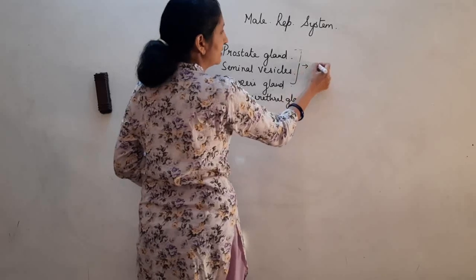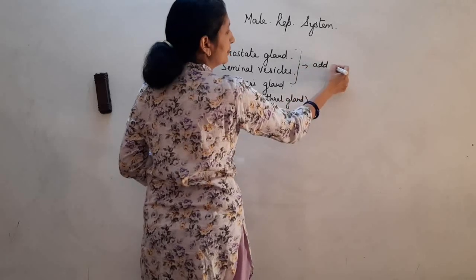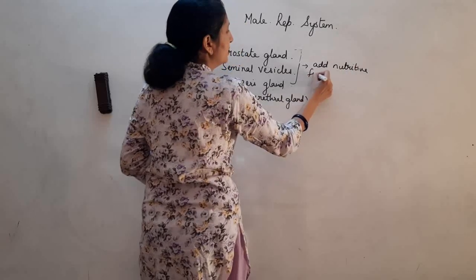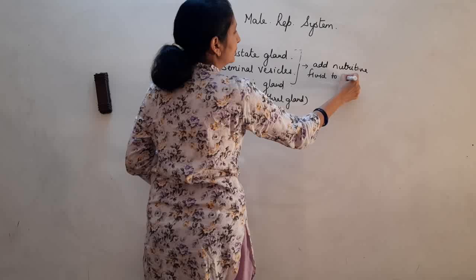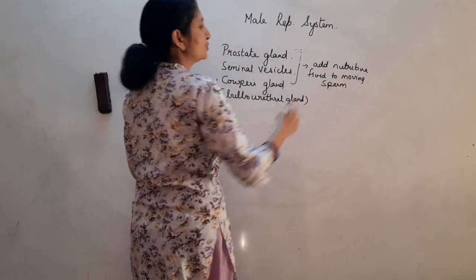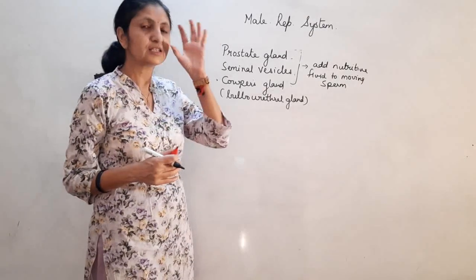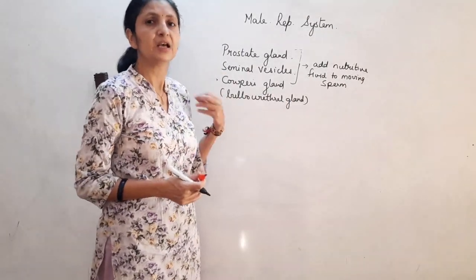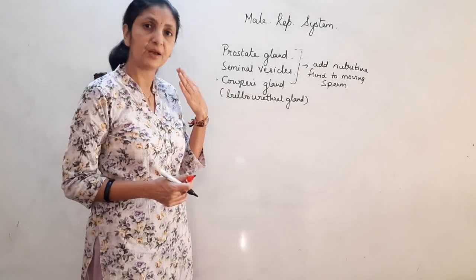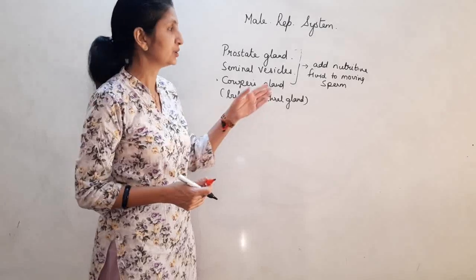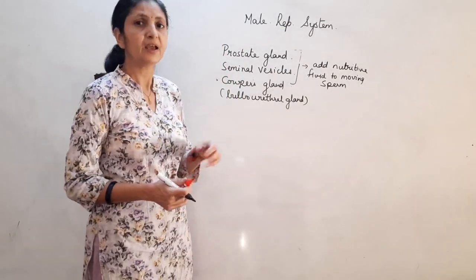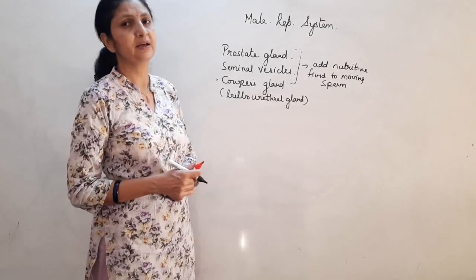They add a nutritive or nourishing fluid to the moving sperm, a fluid filled with nutrients. These glands respond to the fact that sperm requires nourishment because it is motile, it can move, and we'll discuss the structure later on. But all these glands keep adding nutritive fluid, so they are also termed as accessory glands.